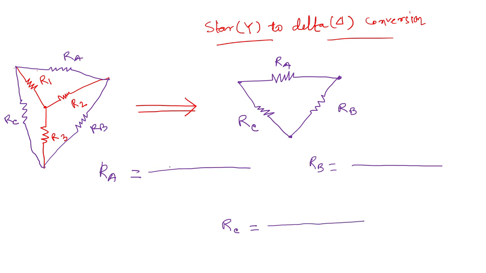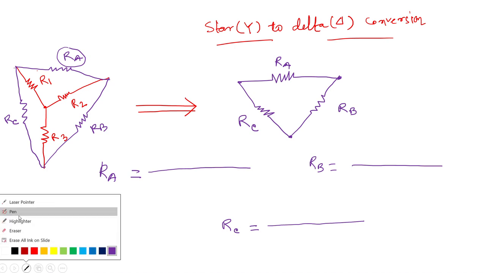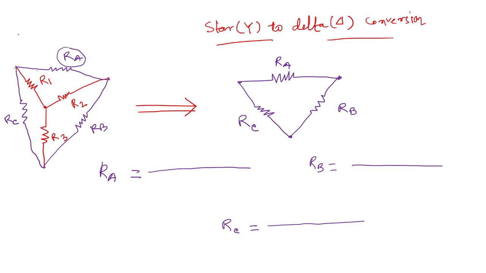The resistance will be in ohms, if it is given in ohms. Suppose I am finding RA, that means I will find this branch resistance of the delta connection. In star to delta conversion, R1, R2 and R3 are known.